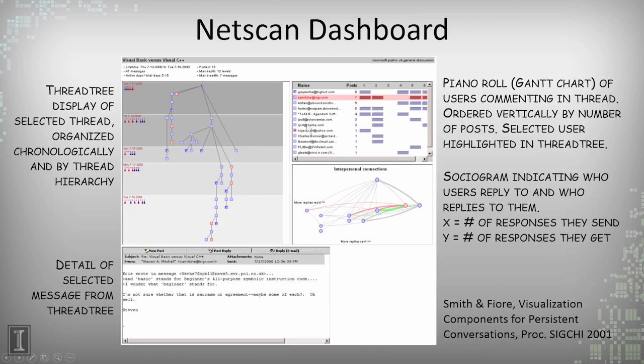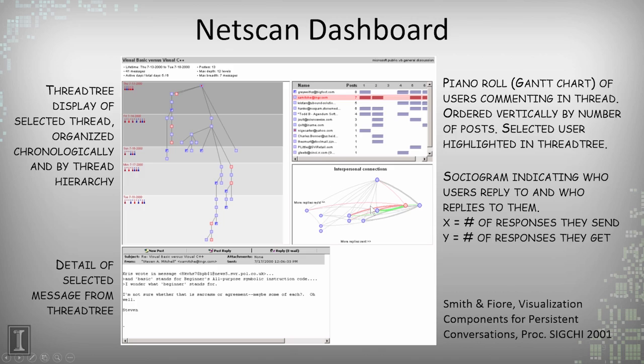Then you've got the users, provided here in this second visualization. You have a kind of Gantt chart called a piano roll, corresponding to when messages were posted in time horizontally, and sorted vertically by the number of posts.